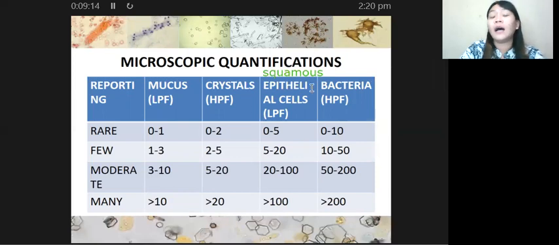So what we report as word per LPF is squamous epithelial cells. So both of them are per LPF: mucus threads and squamous epithelial cells.